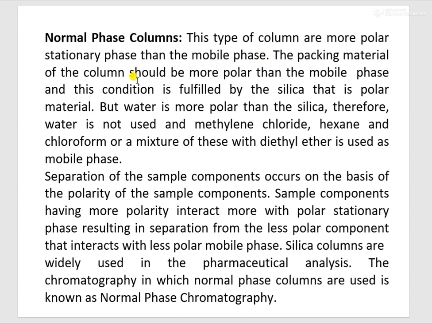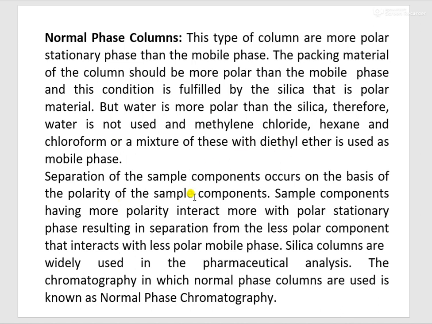The packing material of the column should be more polar than the mobile phase, and this condition is sufficiently fulfilled by silica because it is a polar material. But water is more polar than silica, therefore water is never used in normal phase HPLC, and the solvents which are used are methylene chloride, hexane, chloroform, or a mixture of these solvents with diethyl ether.